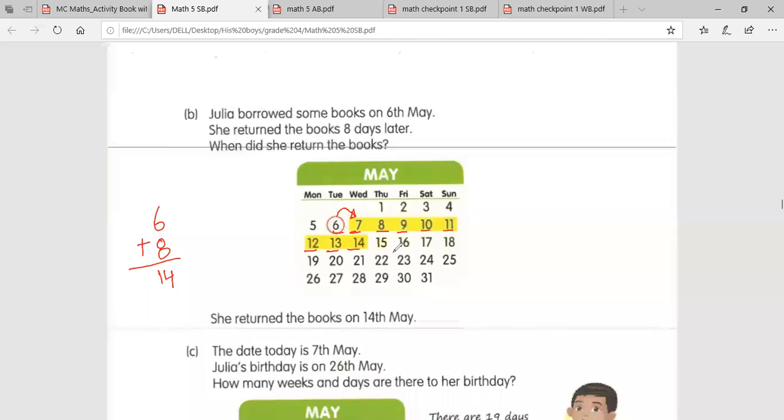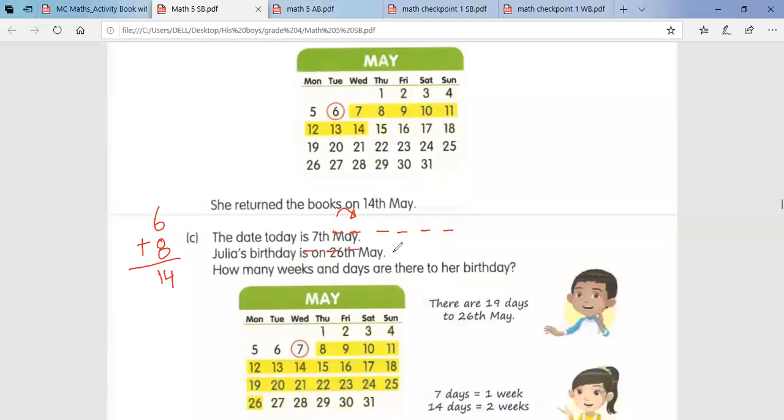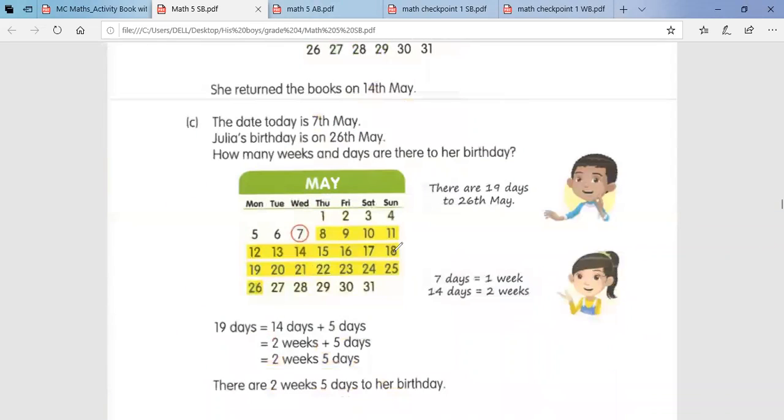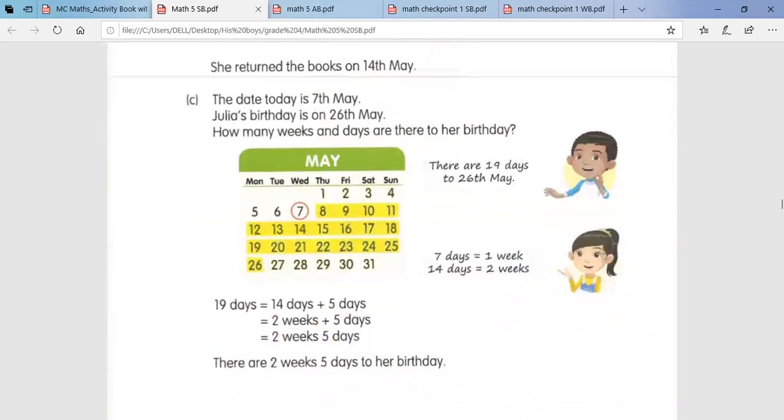Muhammad Amjad. Okay, C. Read. The date today is 7th May, Monday.